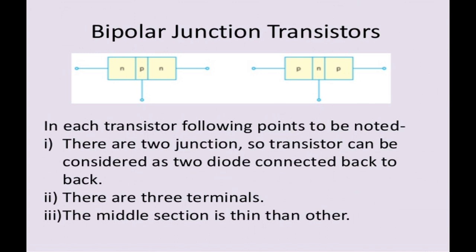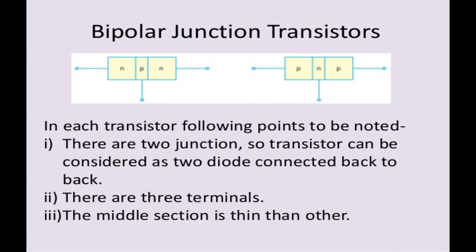If we observe only a P type and N type, this is the symbol of a diode. So two diodes connected back to back form the transistor. The same symbolic representation is shown here.